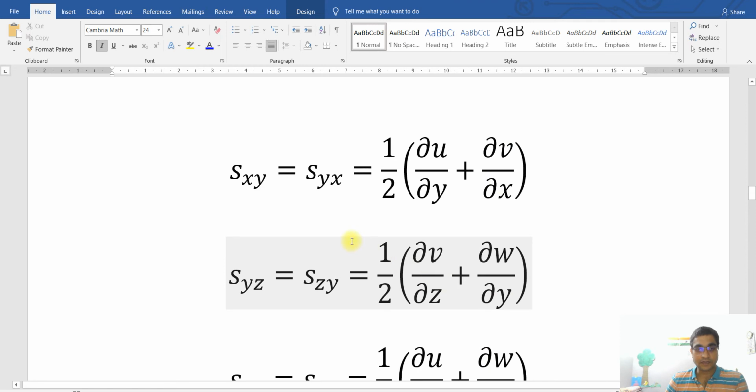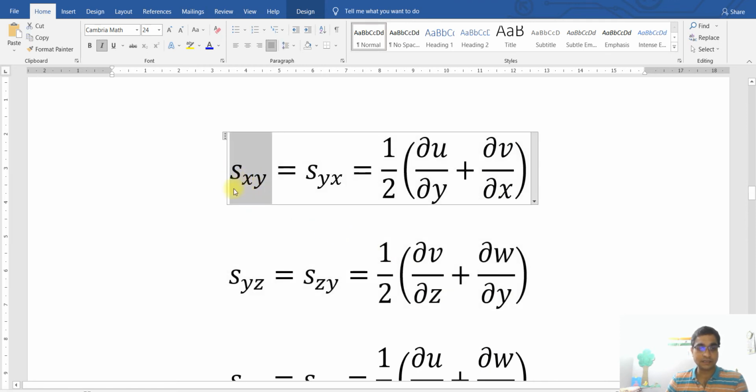Now let us define the shear strain. Shear deformation is S_xy, equal to S_yx, as we already know. That is defined as half of ∂u/∂y plus ∂v/∂x, the change of u in the y direction and the change of v in the x direction.